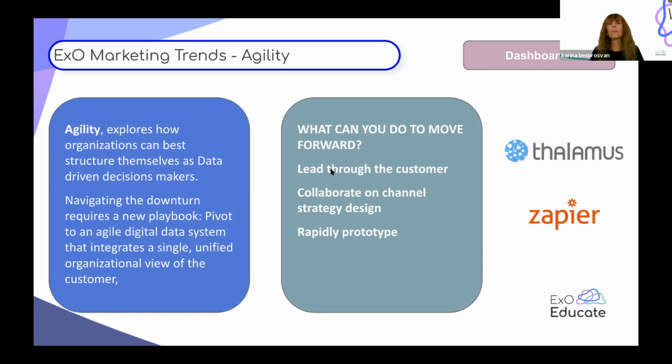So, moving into the second one that we have here, and it's very important. It's the concept of agility, a very trendy topic nowadays, and sometimes people don't understand how they can move into agility.